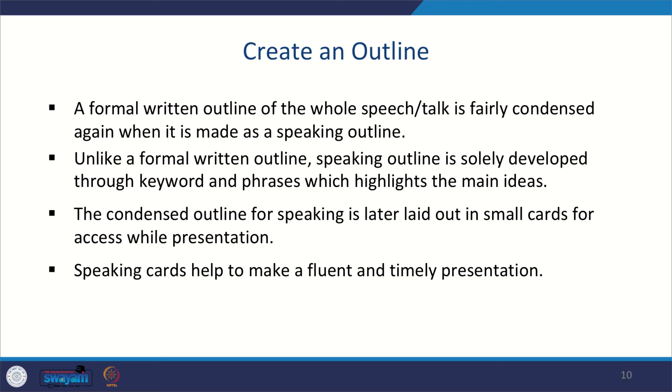If he is not going to speak with the help of all these technical gadgets, then he brings a piece of paper, and on the piece of paper he has the outline of his entire talk. So, unlike a formal written outline, a speaking outline is solely developed, and one does not write everything here. What does one write? One may write keynotes.